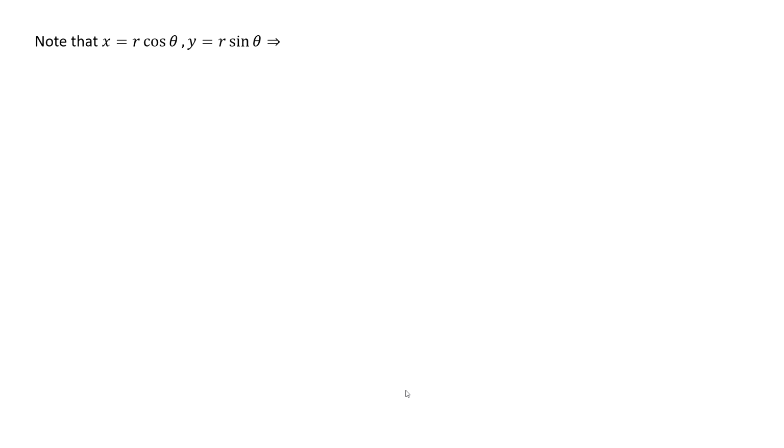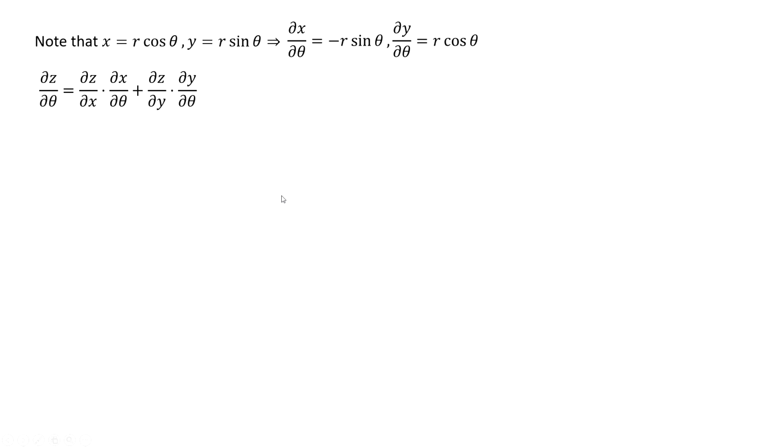All right, next, note that x equals r cosine theta, y is r sine theta. So partial x with respect to theta is negative r sine theta. R times the derivative of cosine theta is negative sine theta. So negative r sine theta, and partial y with respect to theta is r cosine theta.